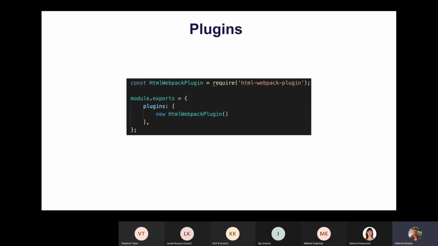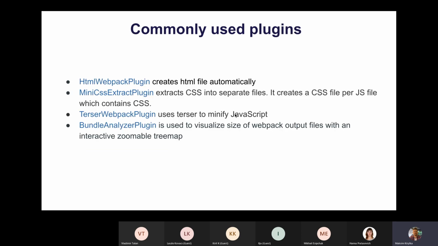So plugins are used for build process customization. And here, for example, in the picture, we're using HTML Webpack plugin to create index.html file automatically. We will talk about this plugin in the practice section later.